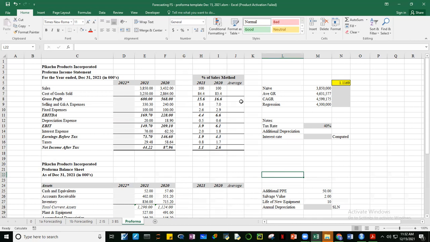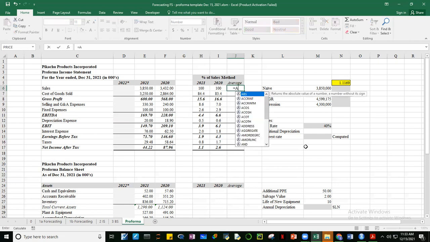Okay? And then, what do we do, guys? Pwede natin kunin lang yung 2021 figure. Okay, ipeg lang natin yung 2021 figure, or we can do the average. Okay, so in this exercise, we're going to get the average of the percentage of sales. So may reason din minsan kung bakit ina-average out, kasi minsan baka yung may unusual na nangyari nung 2021 which really affects the ratio with respect to sales.